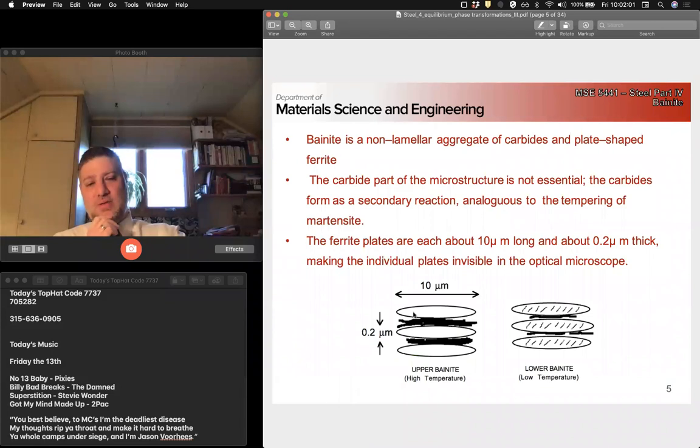So we end up with these layers of ferrite with carbides, cementite, and other types of carbides in between, right? And this is a two-step process.